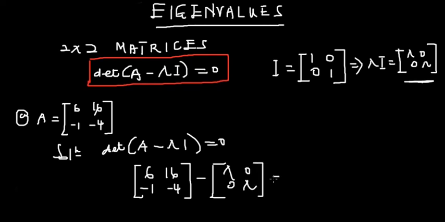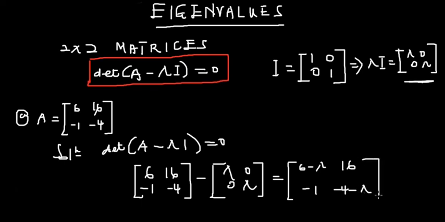When you do the subtraction, you end up with 6 minus the eigenvalue, and then 16 minus 0, that's 16, and then we have minus 1, then minus 4 minus the eigenvalue.